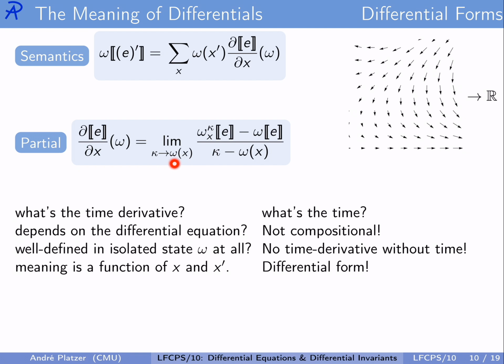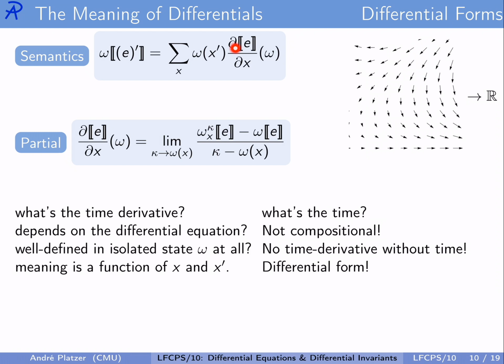So we're getting closer and closer to the value that x has at omega, of the value of e in a state that looks like omega, except it has the value of the variable x replaced by kappa instead, minus the value that in the original old state omega e does have, divided by, well, how close is the kappa to the value omega of x that the kappa is converging to. And then this limit is what a partial derivative is.